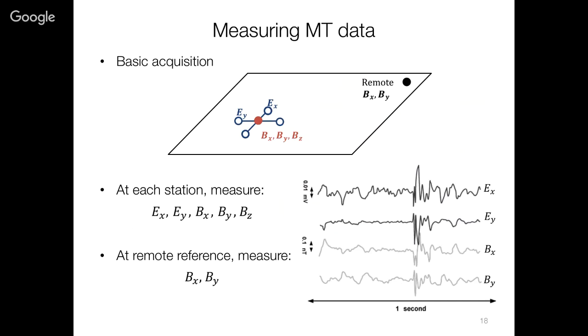And the magnetic field also looks something like that. But when we were working with our equations, we were looking at Ex over Hy in the frequency domain. Right, so we're measuring stuff in the time domain, but we're actually needing stuff in the frequency domain.